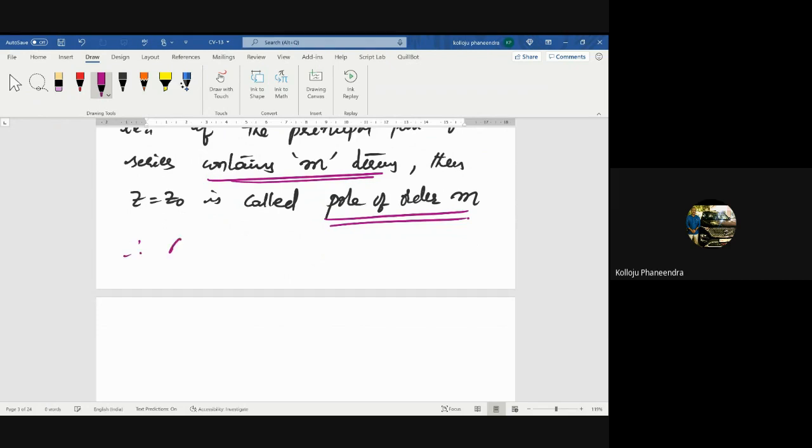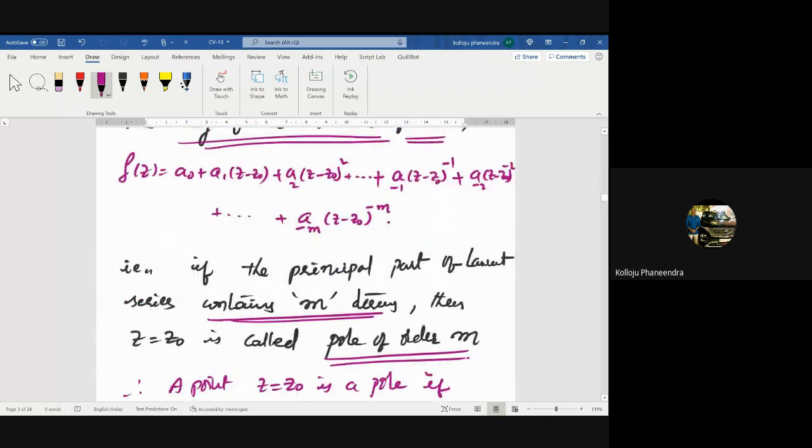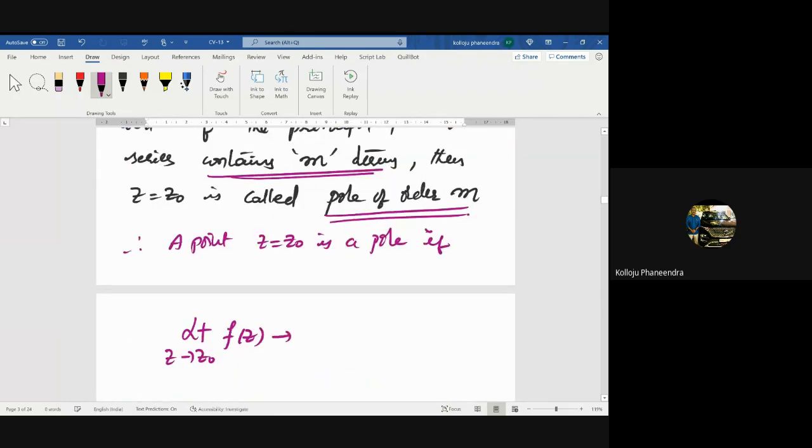Therefore, a point z equal to z naught is a pole if the condition is limit z tends to z naught of f of z. What does this become? If I take z tends to z naught, a negative power is there, so 1 by z minus z naught, so definitely it goes to infinity.